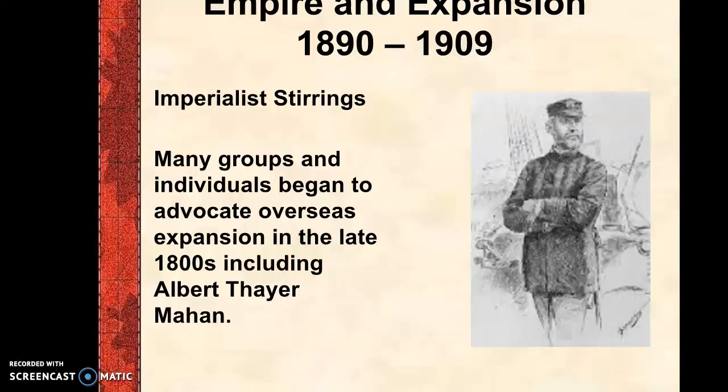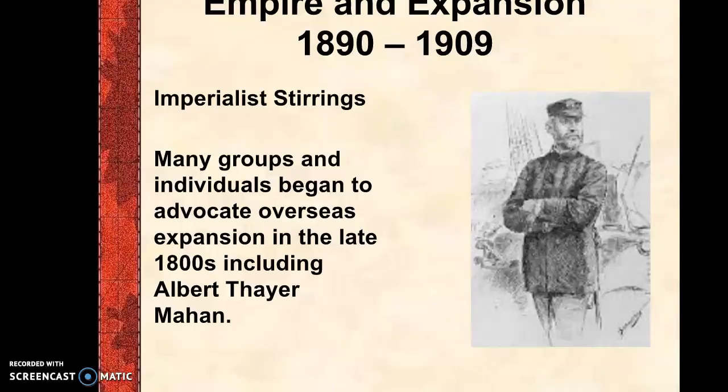Imperialism has always been a part of American history. In the first 150 years of American history, even before independence, American history was a history of westward expansion. It's kind of a euphemism for imperialism.